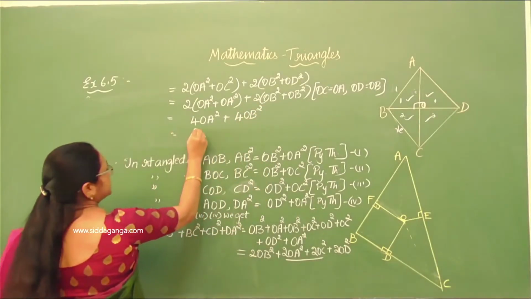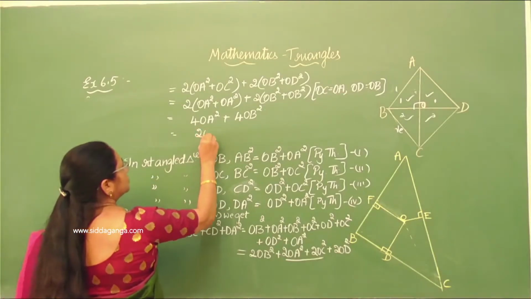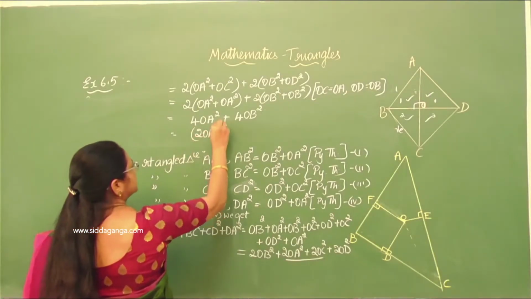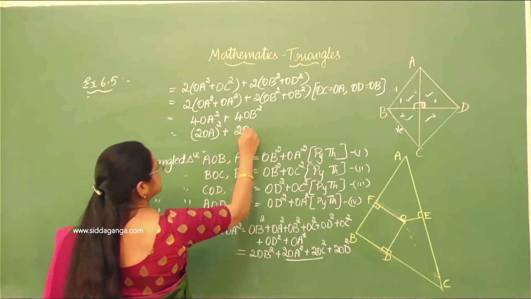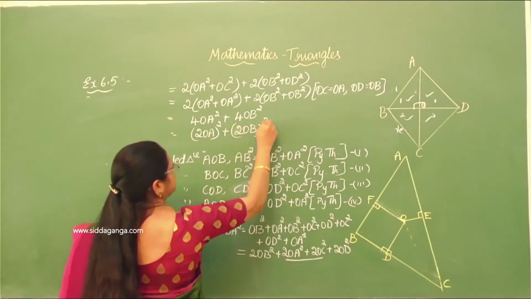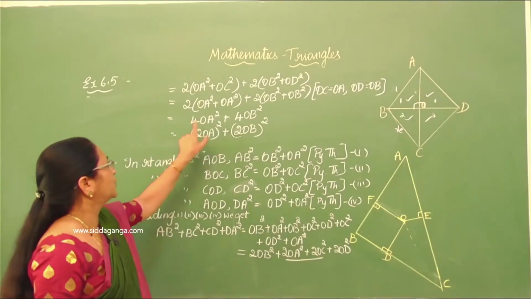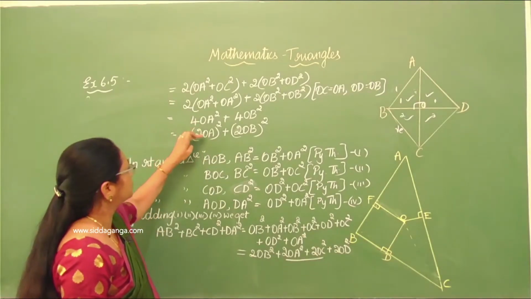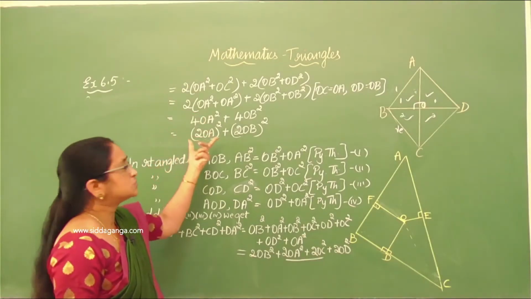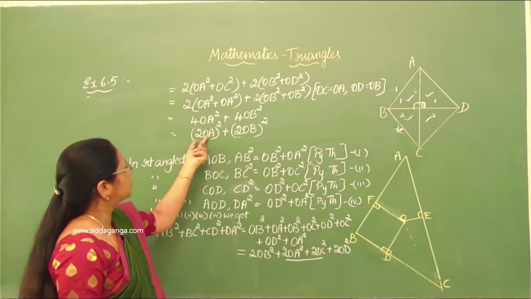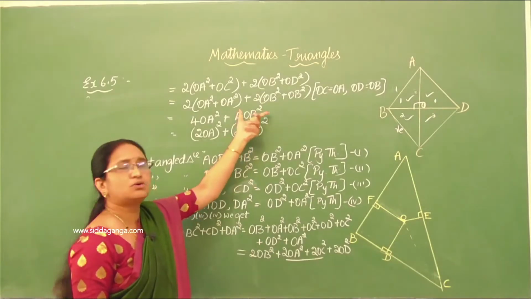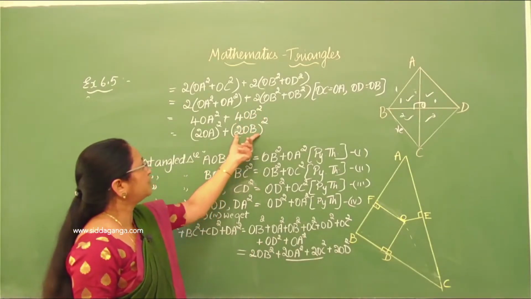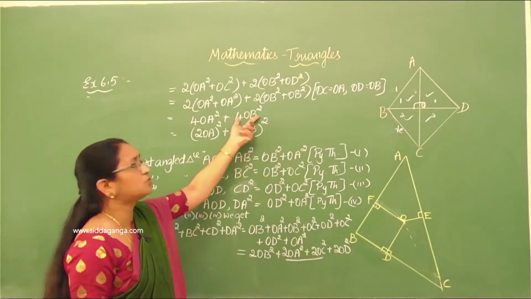Now this can be written as 2 OA whole square. Yes or no? Please check whether we can write this. See, 2 OA means 2 2s are 4 OA square, so I can write this as a whole square: 2 OA whole square. Same way 2 OB whole square, which is nothing but 4 OB square.